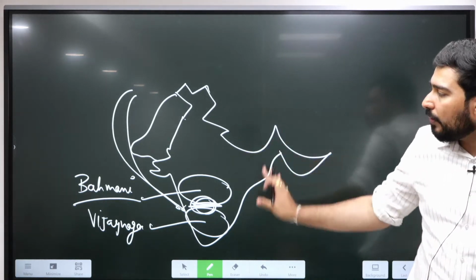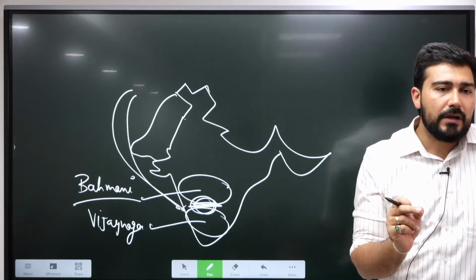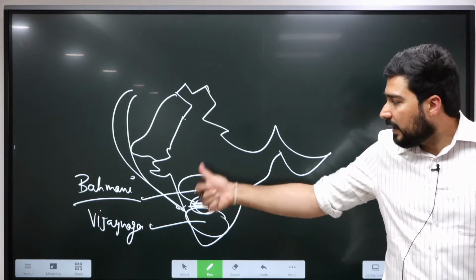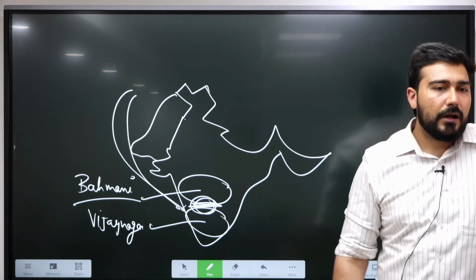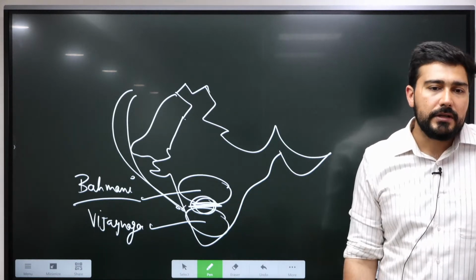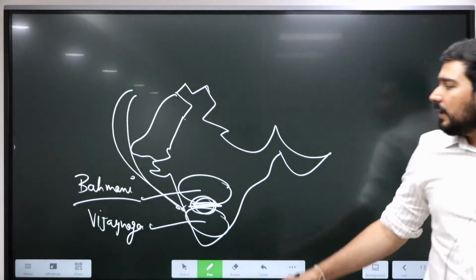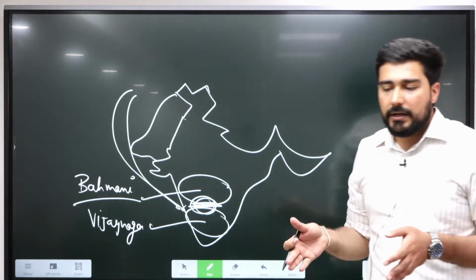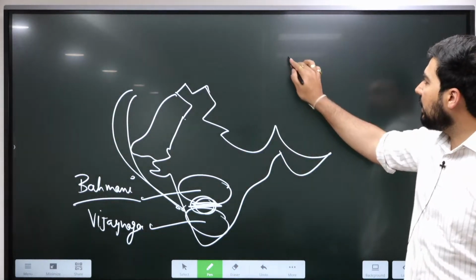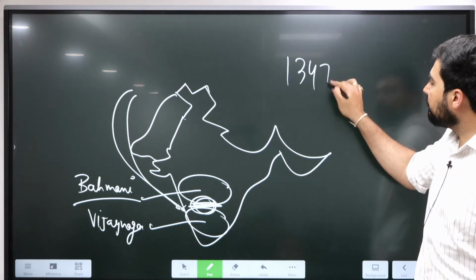So the overall factors, the major issues between them were the geographical contiguity, the closeness to each other. Second, with respect to commanding the trade of these areas of the western coast, and plus the rivalry, once it developed, it never went down. This is how the Bahmani kingdom was created in 1347.